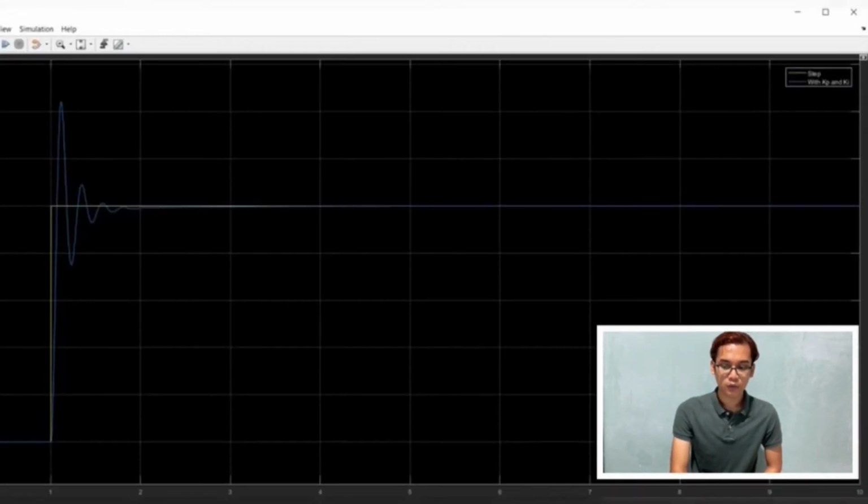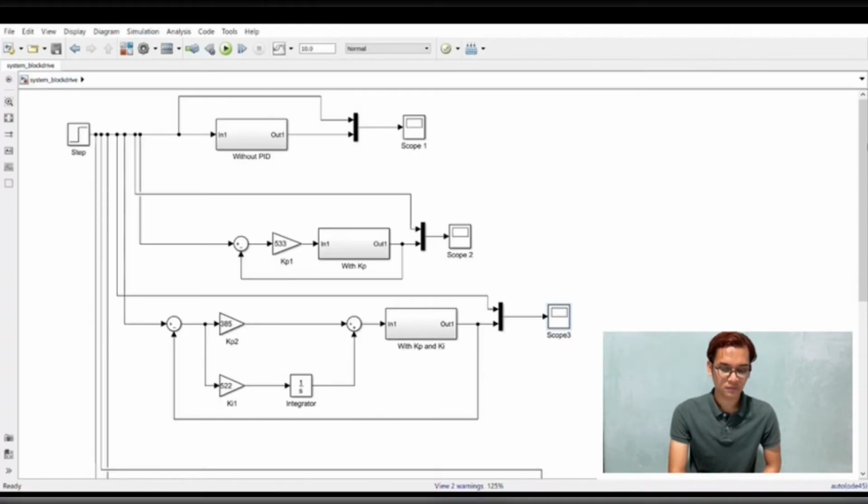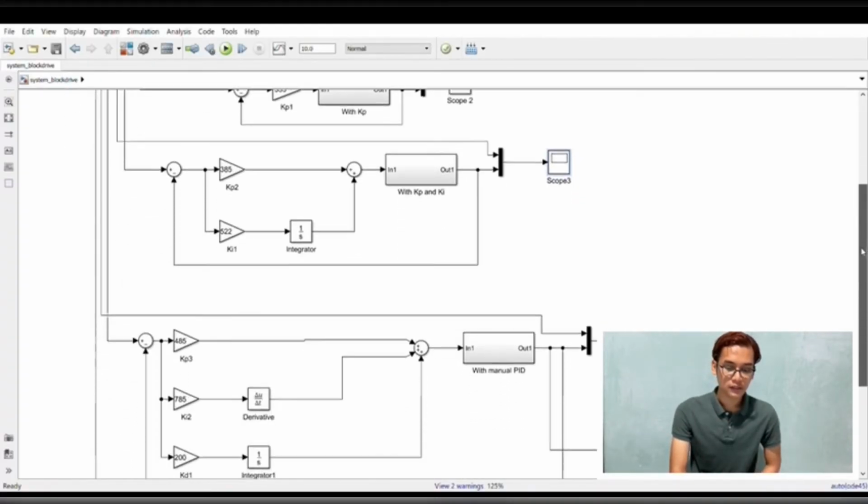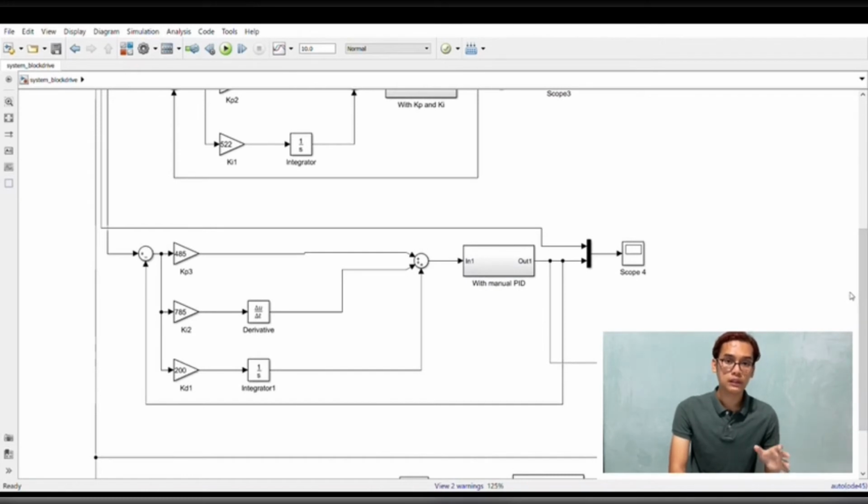Now I will move to the fourth one. Okay, the fourth one is the DC motor with PID value, but manually. We have chosen manually the value of PID for our DC motor.